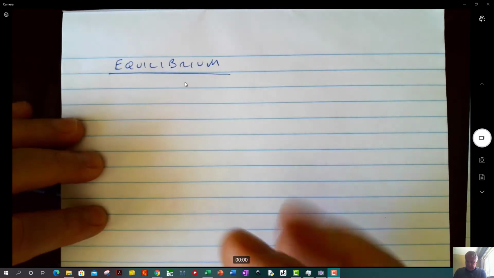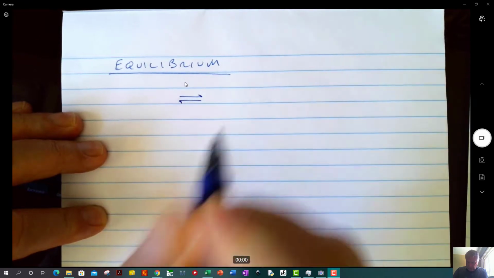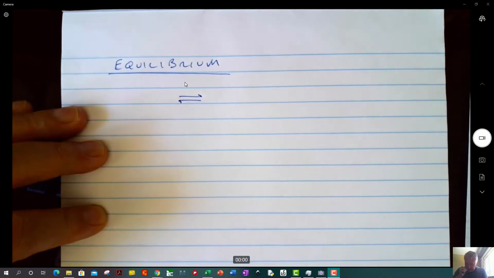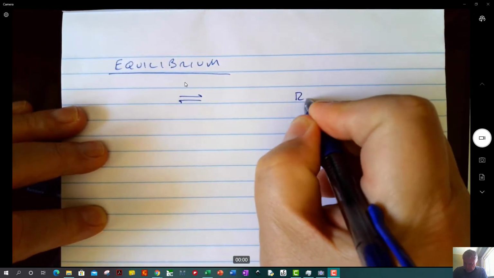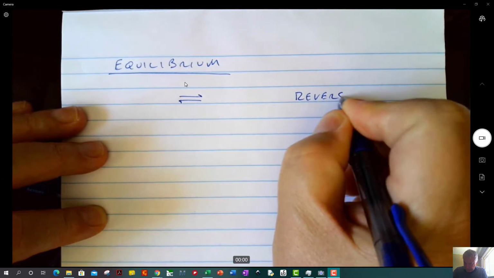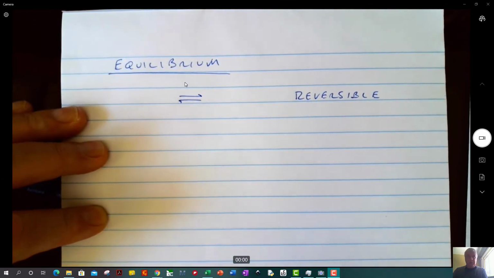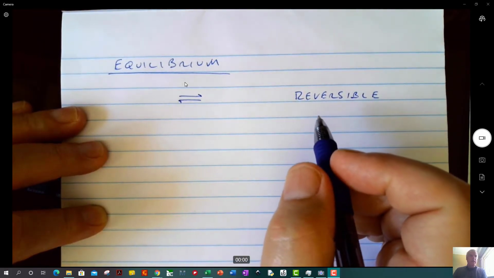That's indicated by these reversible arrows, right? So the process is thermodynamically and kinetically reversible. We're just going to say reversible. And I'll fix this whole shake thing eventually.